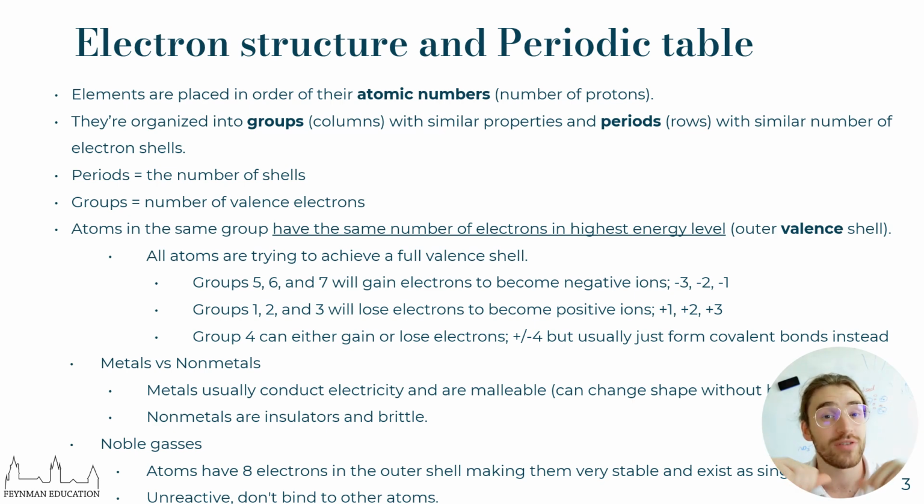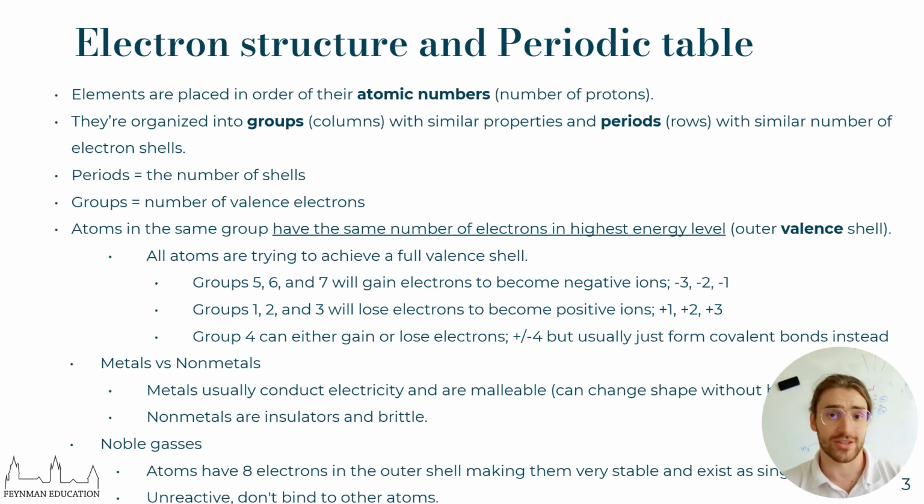If you remember from our previous lecture, calcium had 2. So I can already tell that it's in group 2 because it had 2 electrons in its outer shell. We call those the valence electrons. If you remember from the previous slide, we said that all atoms are trying to get a full outer shell. This means they are either going to gain or lose electrons to do that.